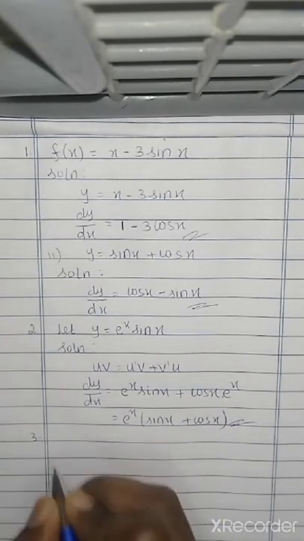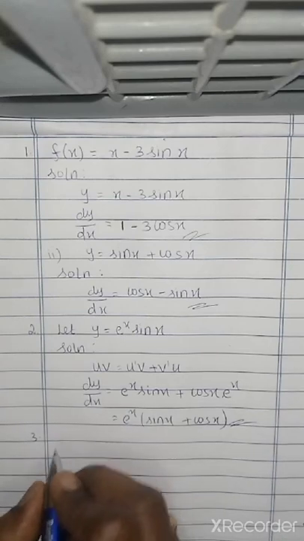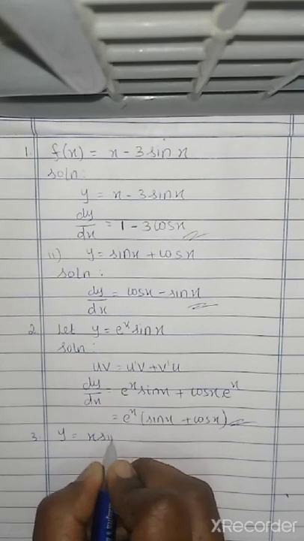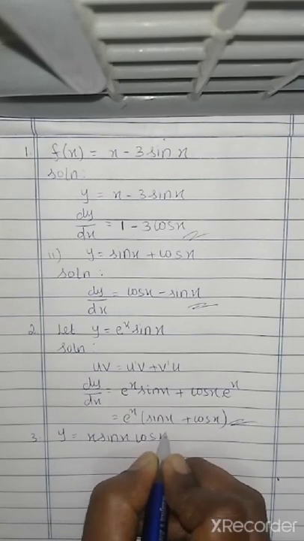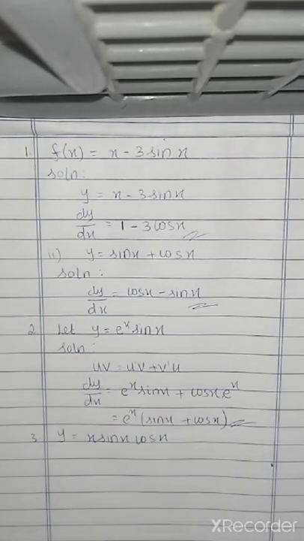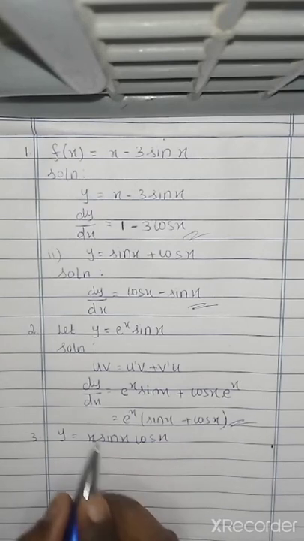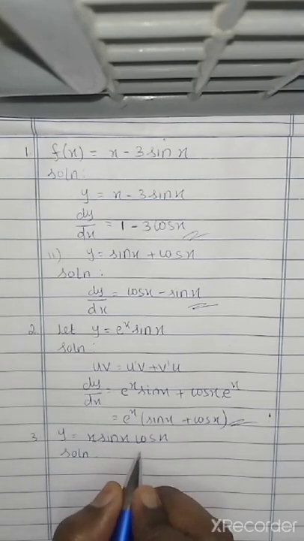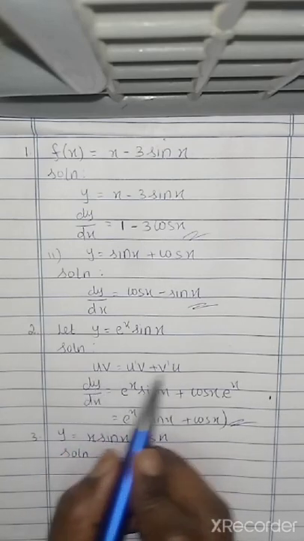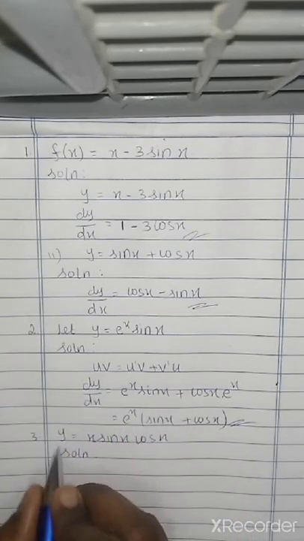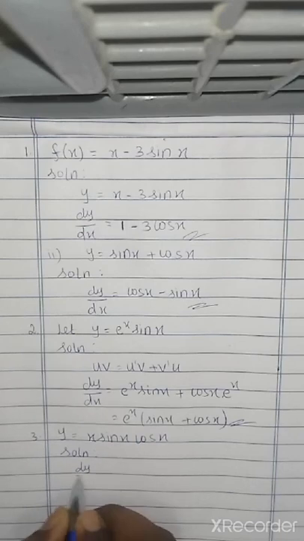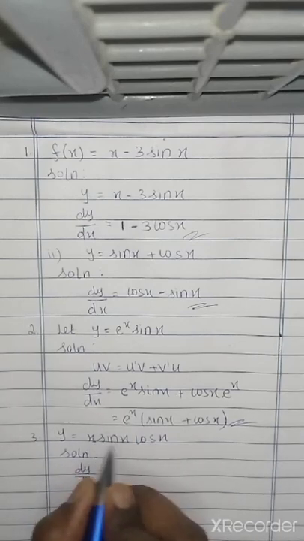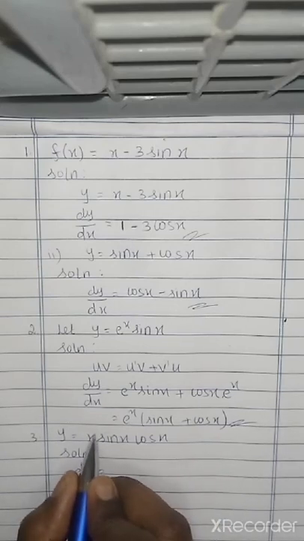Next we can see another problem. y equals x sin x cos x. Here how many functions are there? x is a function, sin x and cos x, so 3 functions in multiplication form. So again we are going to use this uv method. So dy by dx equals, now differentiate one function at a time.